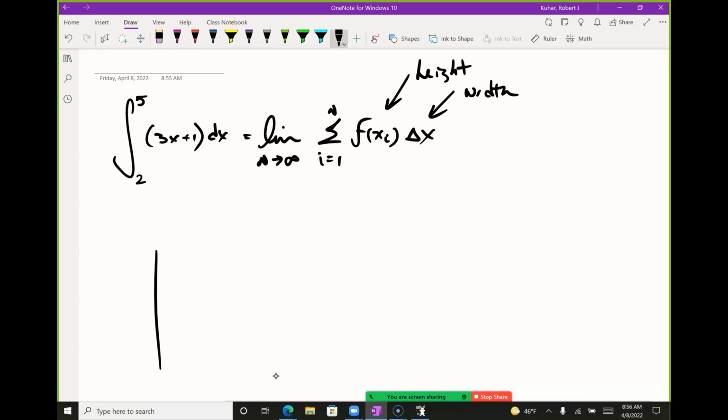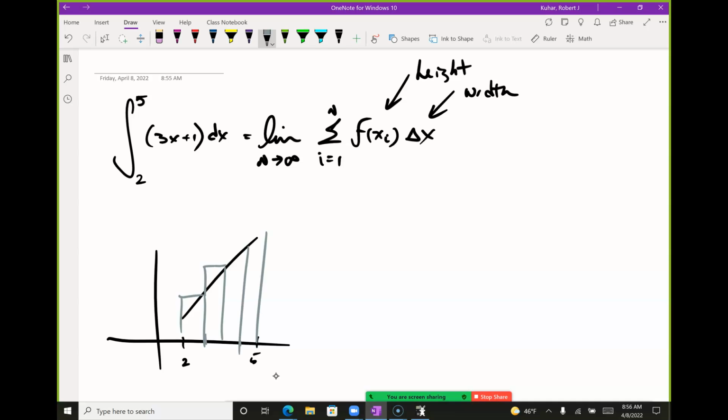So if I draw that picture again, from 2 to 5, and I always use right-hand rectangles. So for example, I'm going to cut this thing into 4 pieces. You can see I'm getting the height of my rectangle from the right corner.